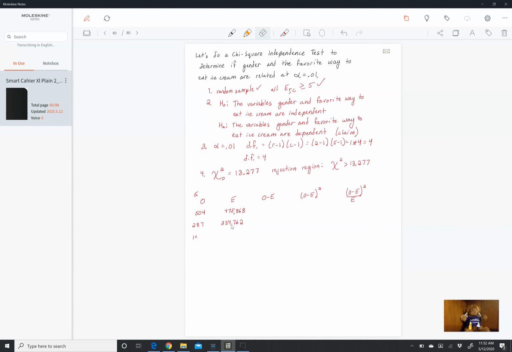Then we had 182. The expected frequency was 165.435. 43, 42.818. 53, 50.117.